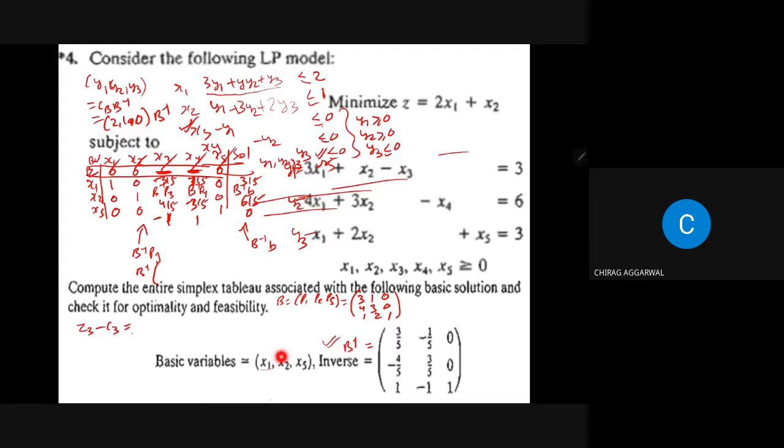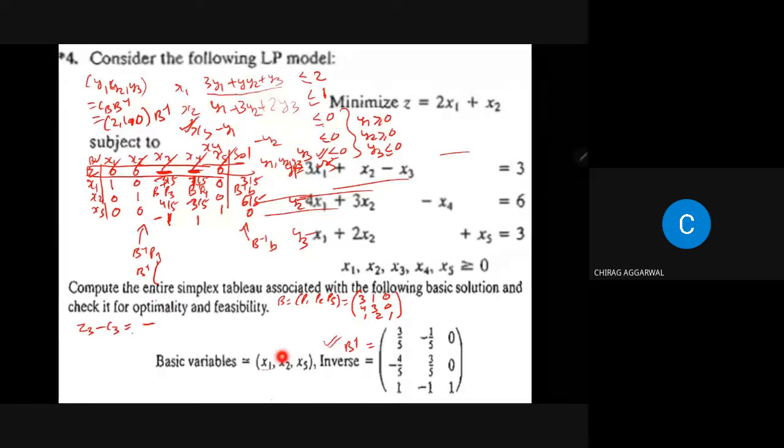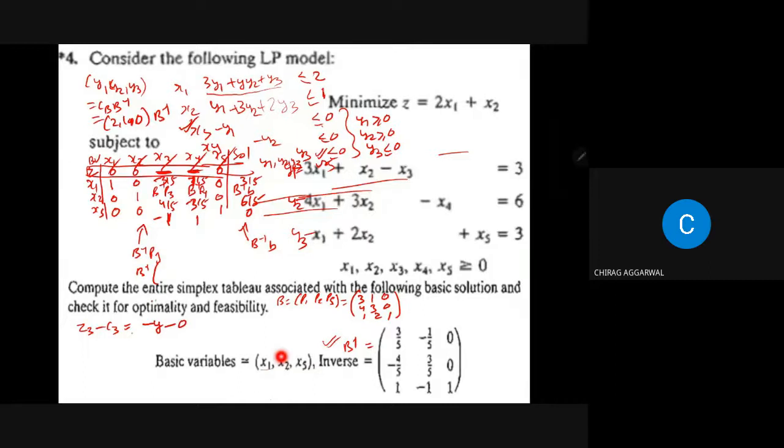What is the dual constraint? Minus y1 and minus 0, left side minus right side. Then z4 minus c4 will be minus y2 minus 0, left side minus right side.